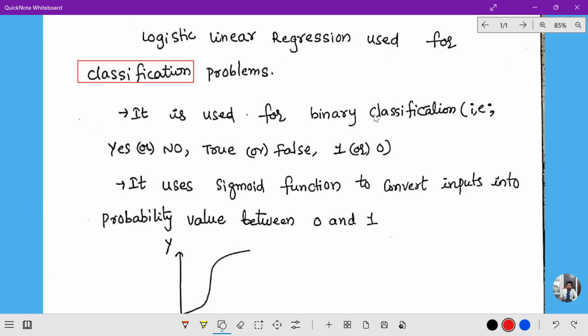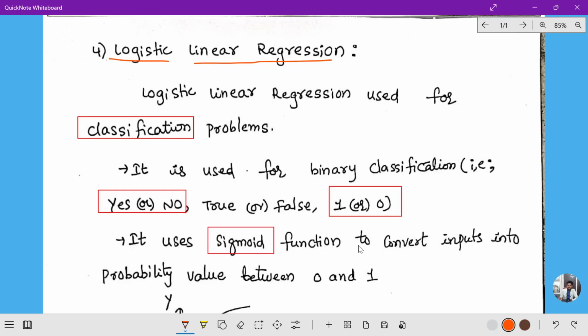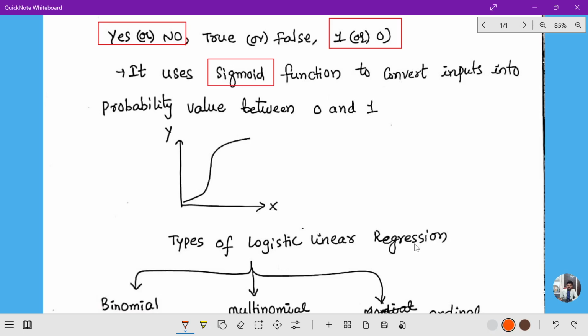It uses the sigmoid function. Most important point, remember all of you, logistic regression is used with the sigmoid function to convert inputs into a probability value between 0 and 1. So this is the graph regarding logistic regression.